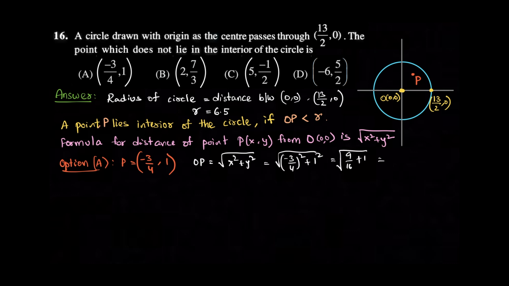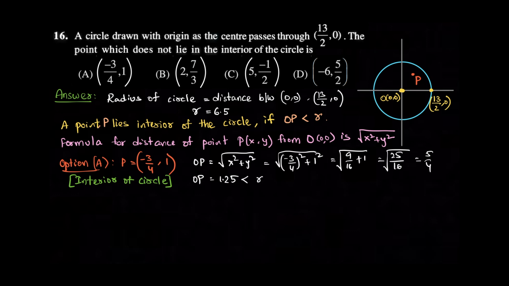If I take 16 as LCM, in the numerator we get 9 plus 16, 25. So 25/16 under root, which is equal to 5/4. Therefore, the distance OP is 5/4, which is 1.25, less than the radius of the circle, 6.5. Therefore, the point P given in option A lies in the interior of the circle. Therefore, option A is not a right answer.